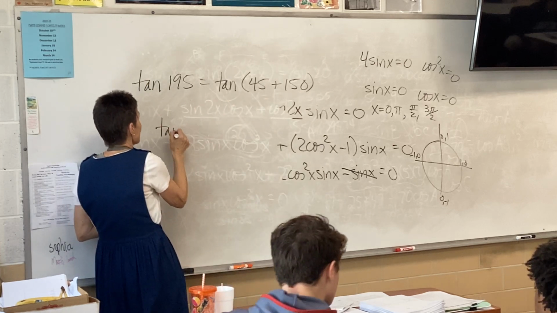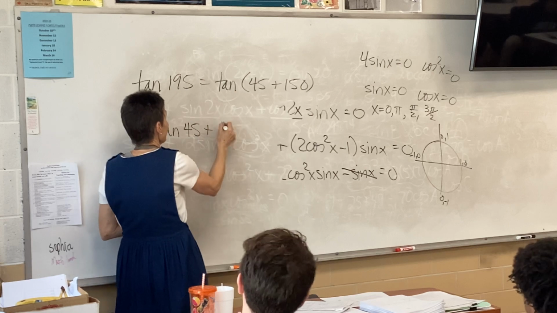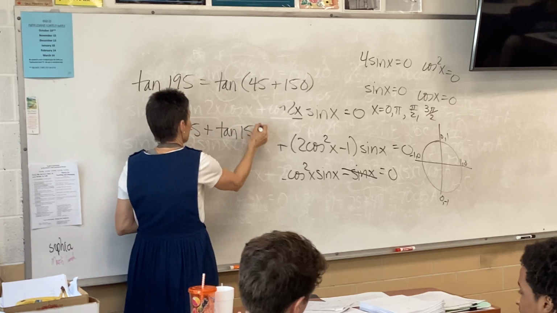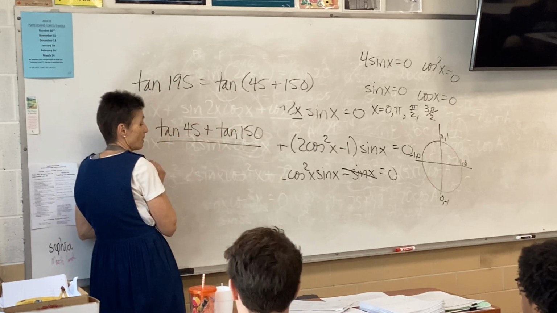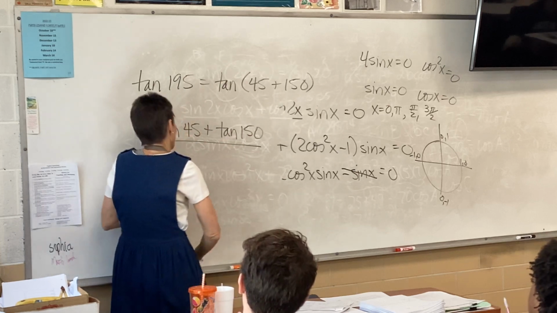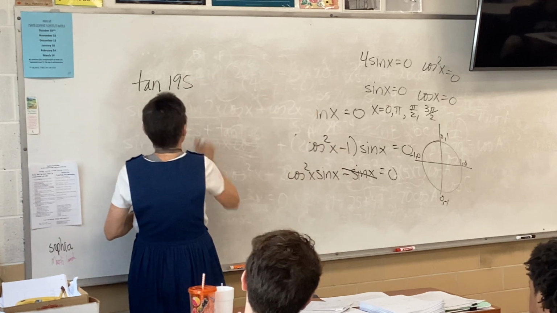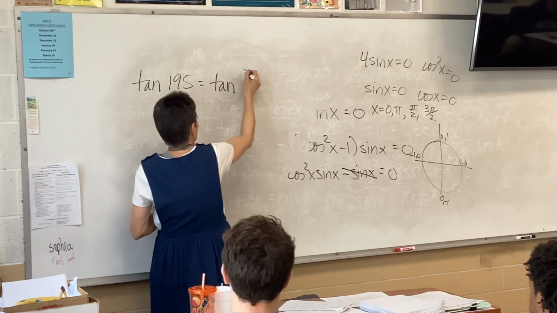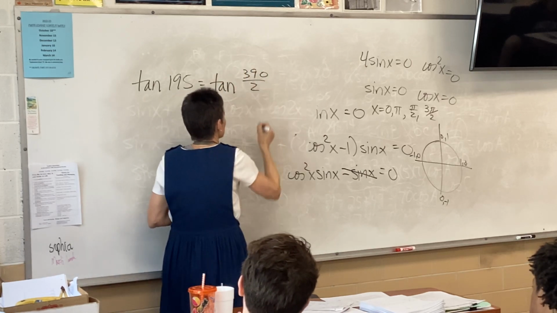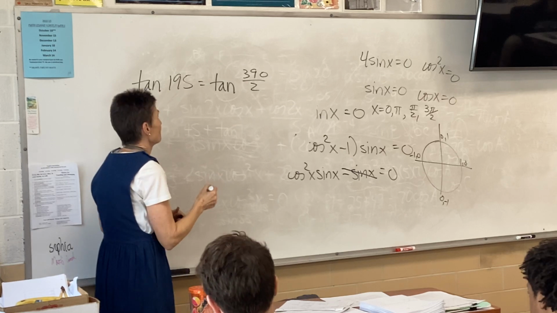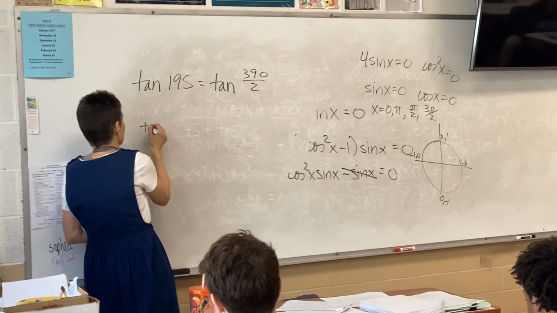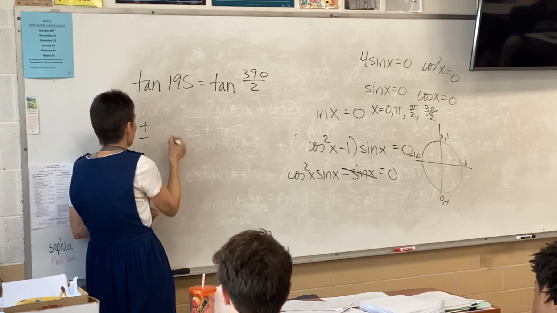Formula says tan 45 plus tan 150. Oh, I can't do that. All right, then I don't have an option. It's gonna have to be tan 390 over 2. Is that 195? So that, actually I have lots, I'll just use this one.